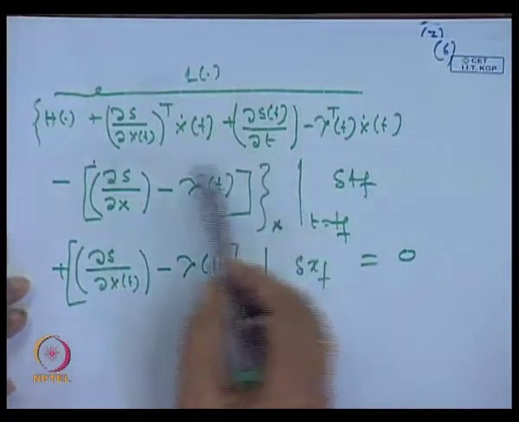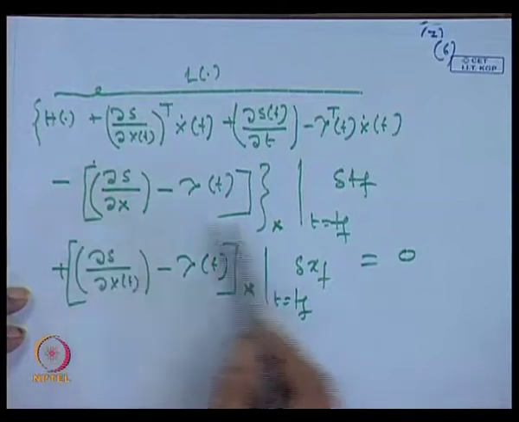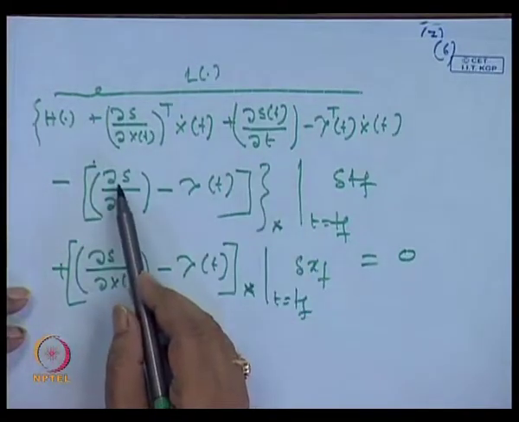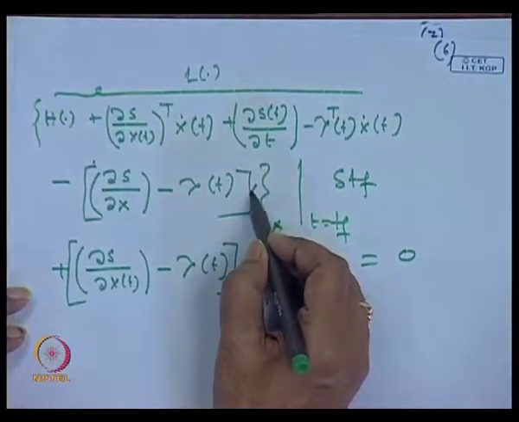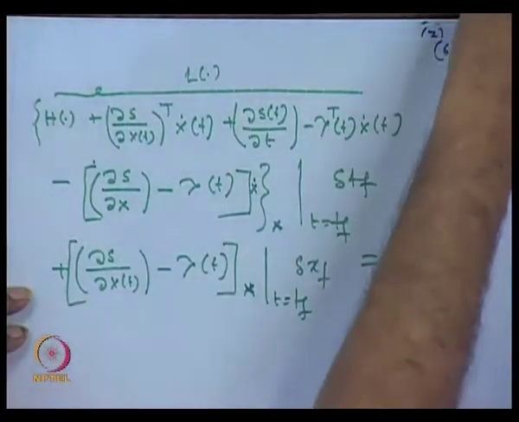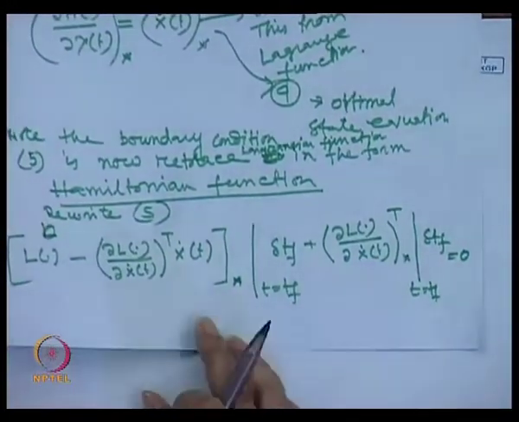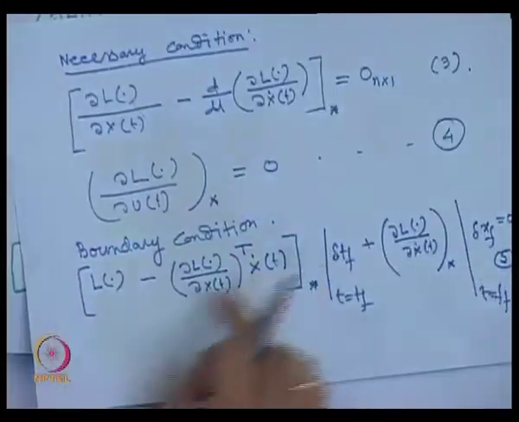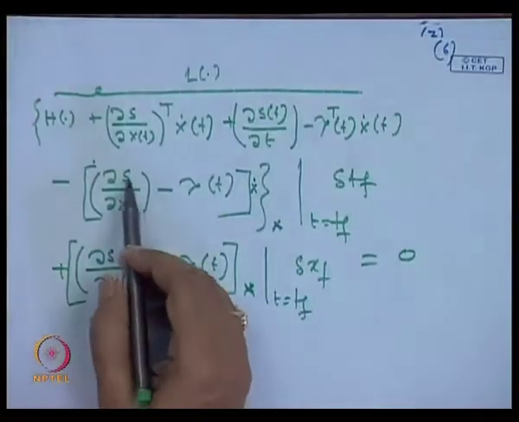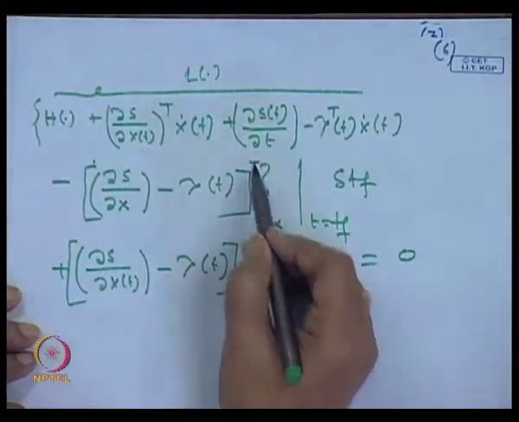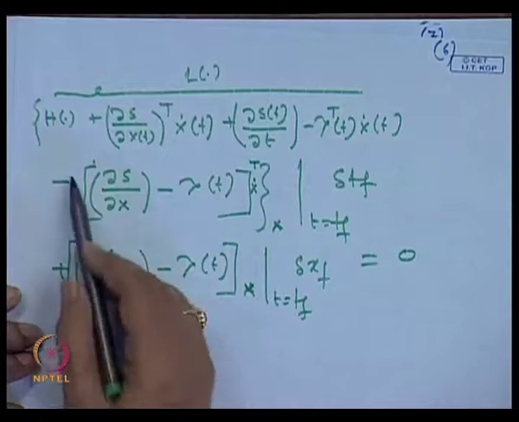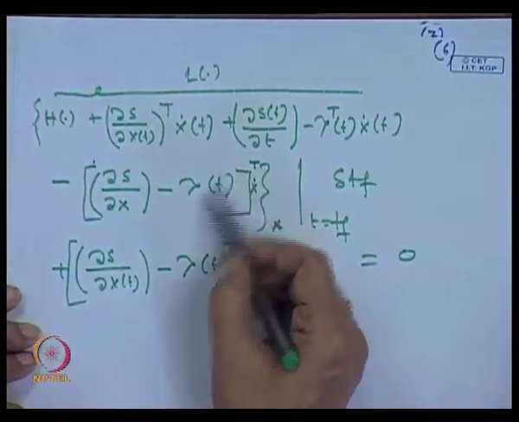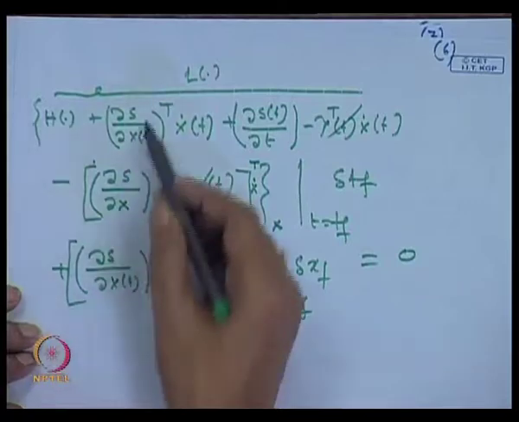Now see what simplification we can do here, because I missed the x dot here. Delta S transpose, delta x dot, this x dot, they cancel. Now this is plus and this is minus, so this term cancelled, this term cancelled.